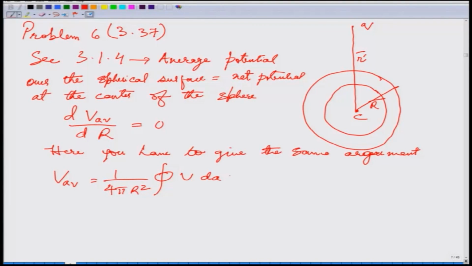So if I consider a spherical element at this point, I can write this like 1 over 4 pi r square, V r square sine theta d theta d phi. Now since the integral is over theta and phi, I can cancel out r.